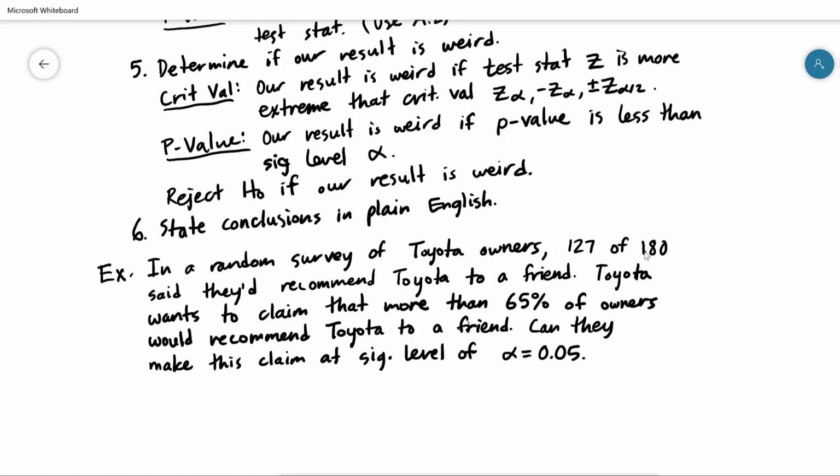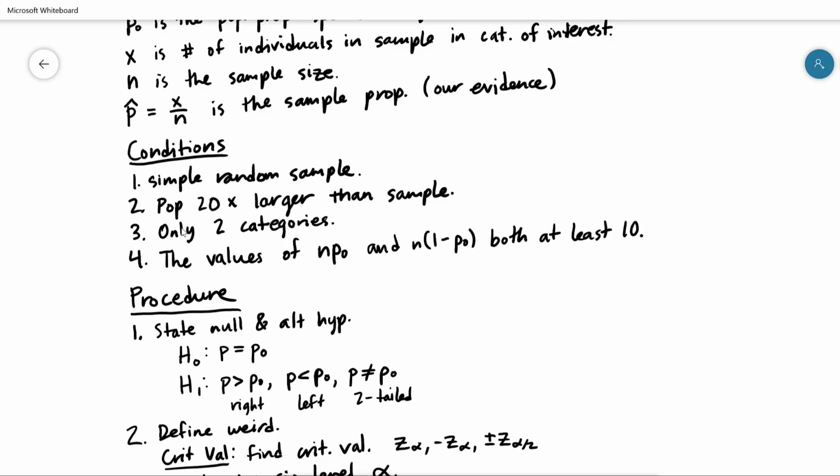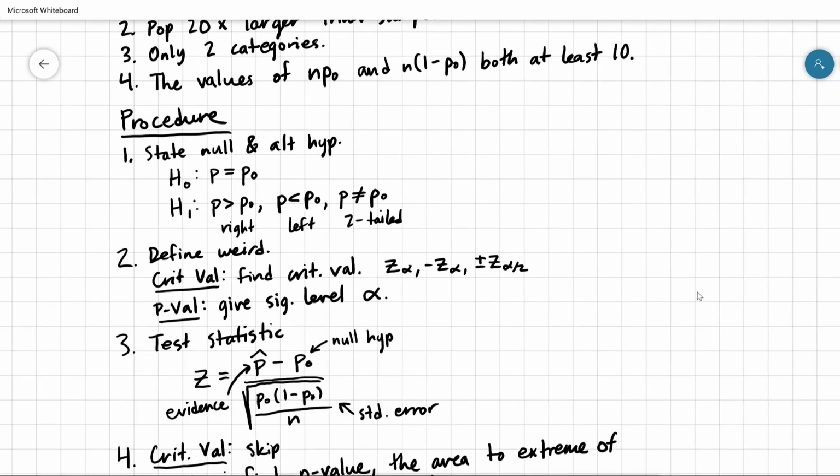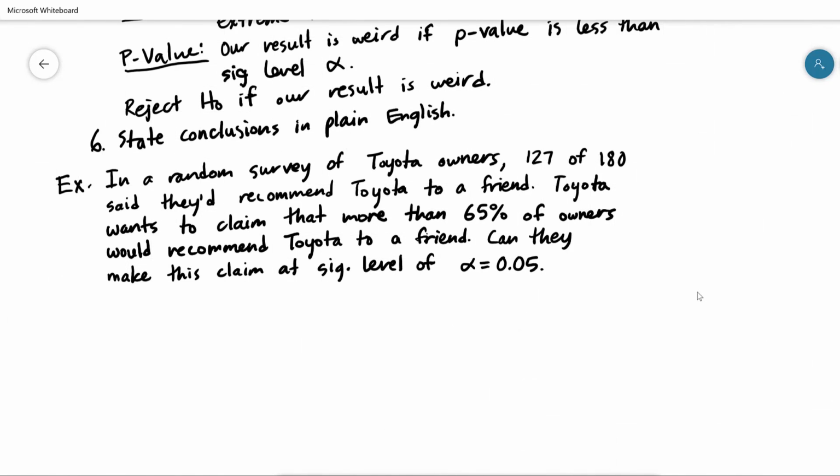We've met that condition. Let's go back up. Are there only 2 categories? Yes, there are. They'd recommend to a friend or they wouldn't. That's it. And lastly, are these 2 values both at least 10? So n times p naught and n times 1 minus p naught. Well, in this case, the value of p naught is 0.65, right?